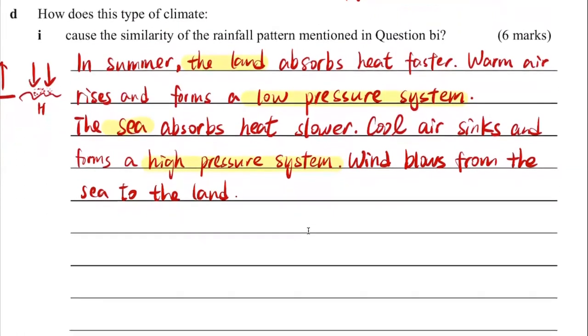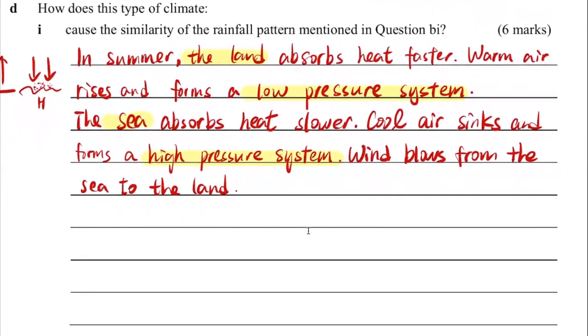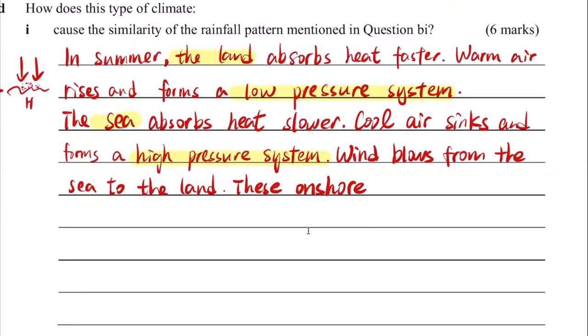So we should write down that the wind blows from the sea to the land, and these onshore winds, as they blow from the shore, we call it onshore wind.